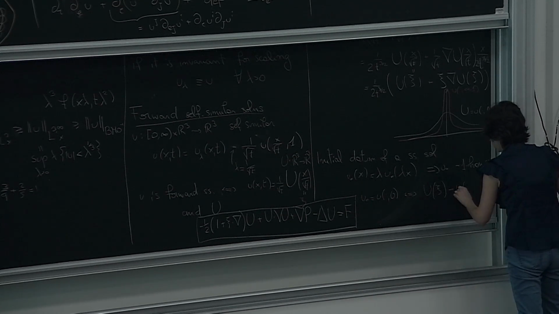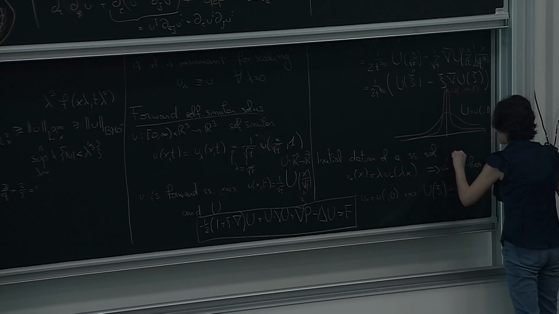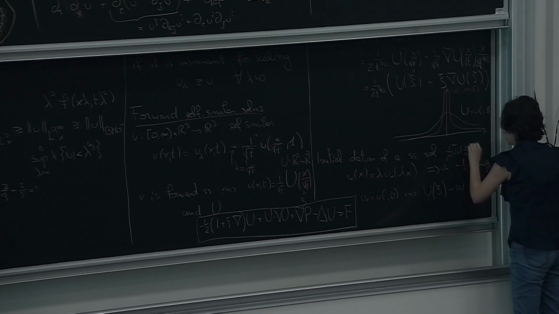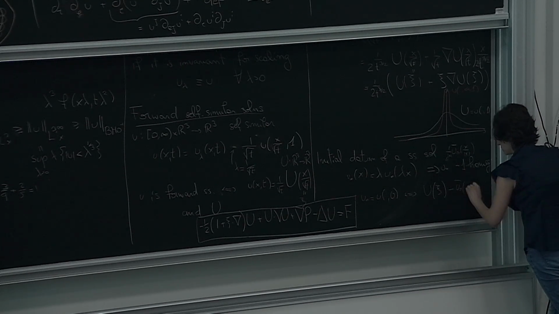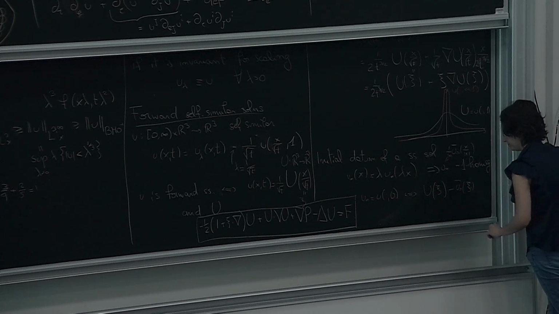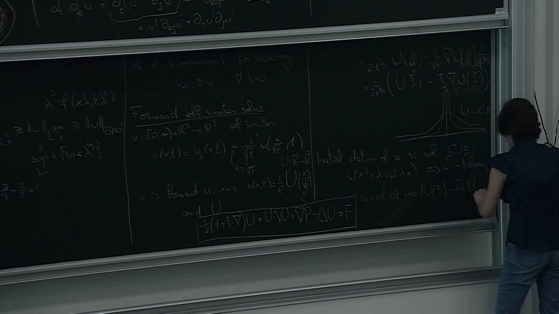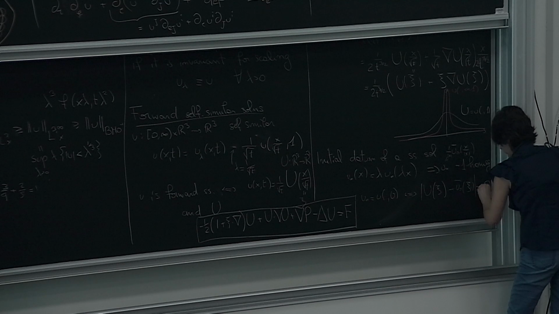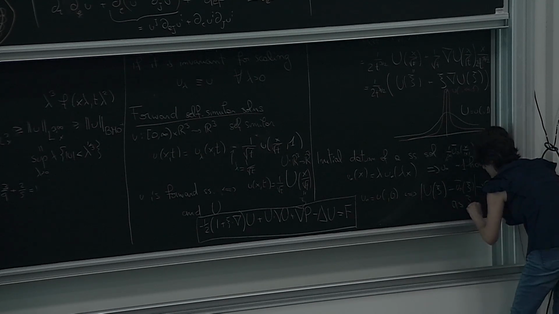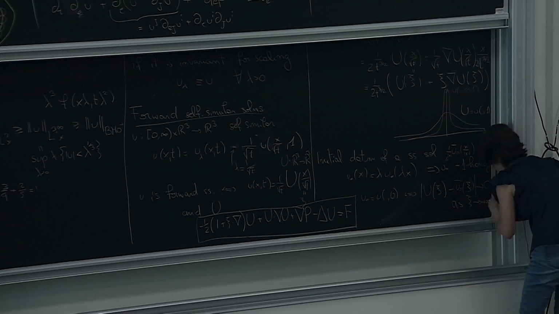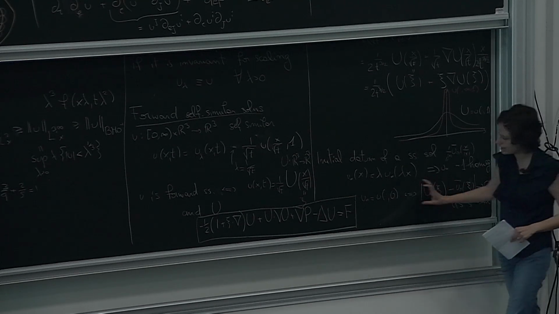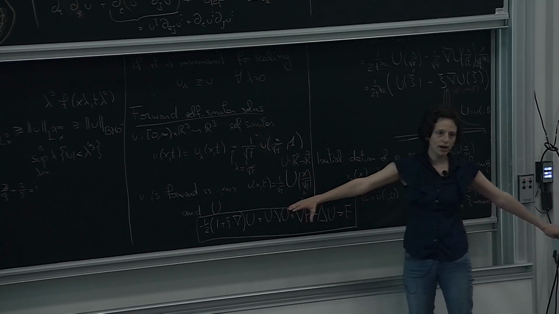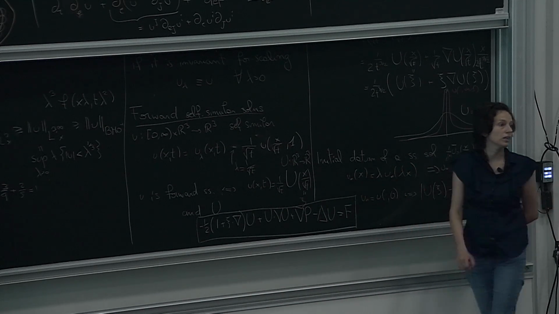Minus 1 homogeneous means that you can represent it as 1 over modulus of x, u0 bar of x over modulus of x. And this means that U of psi approaches this as psi goes to plus infinity. So on self-similar profiles, the initial datum is read as an asymptotic behavior.